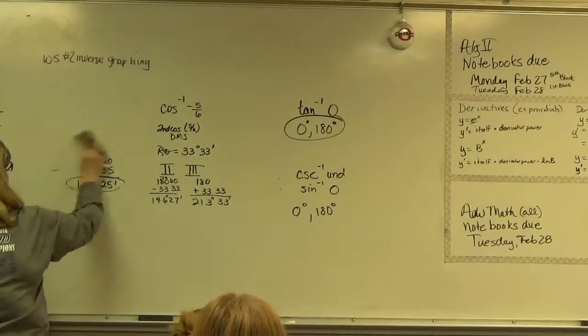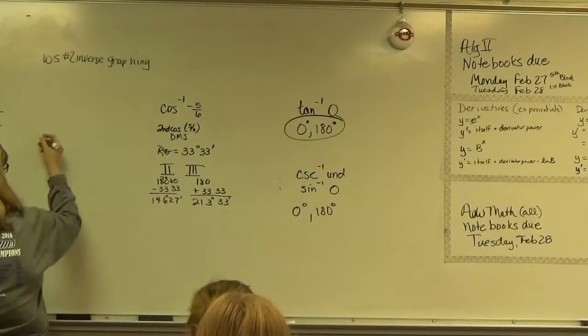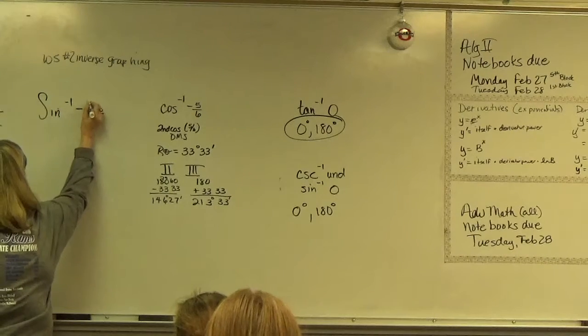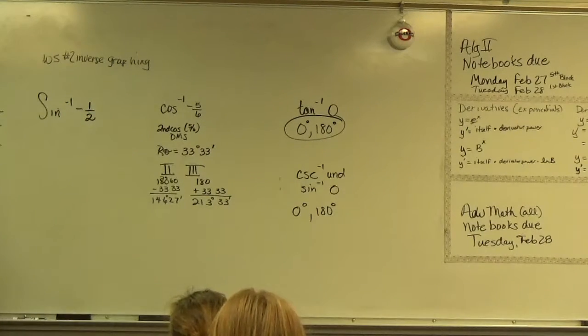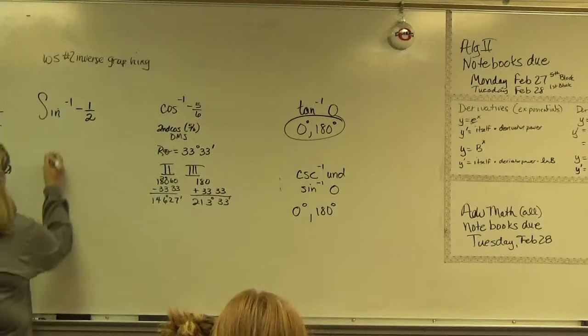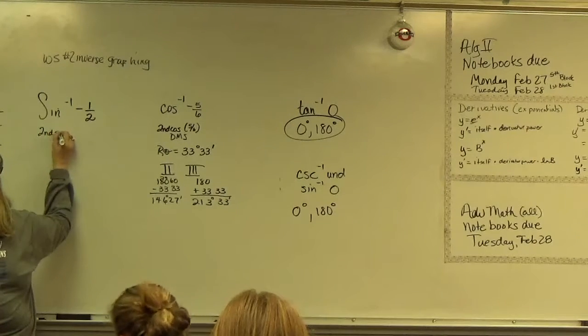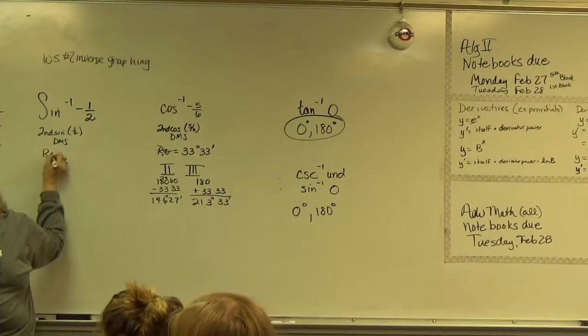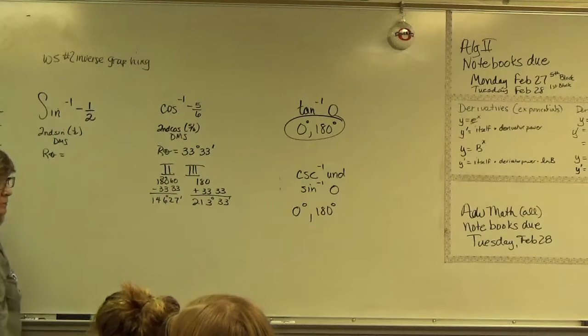Now let's go to the principal values. Now that's a capital letter. So you don't put your negative in your calculator, so what's the reference angle for 1/2? What do you get?